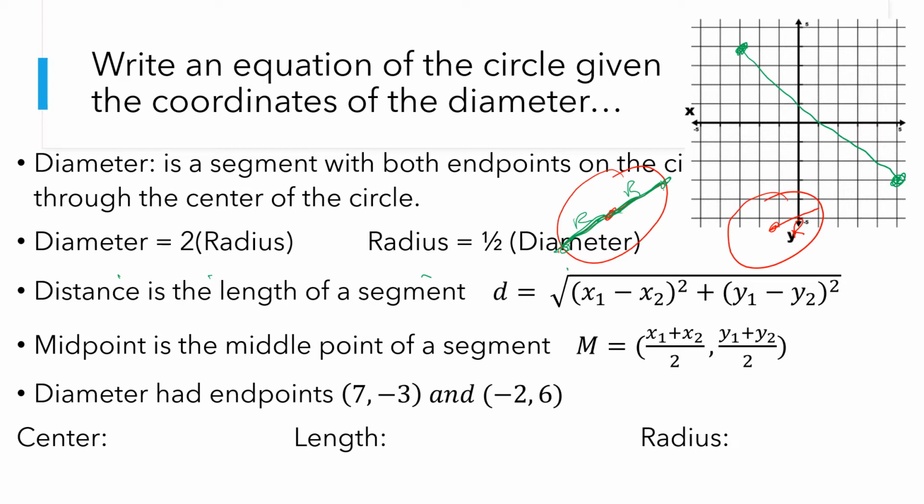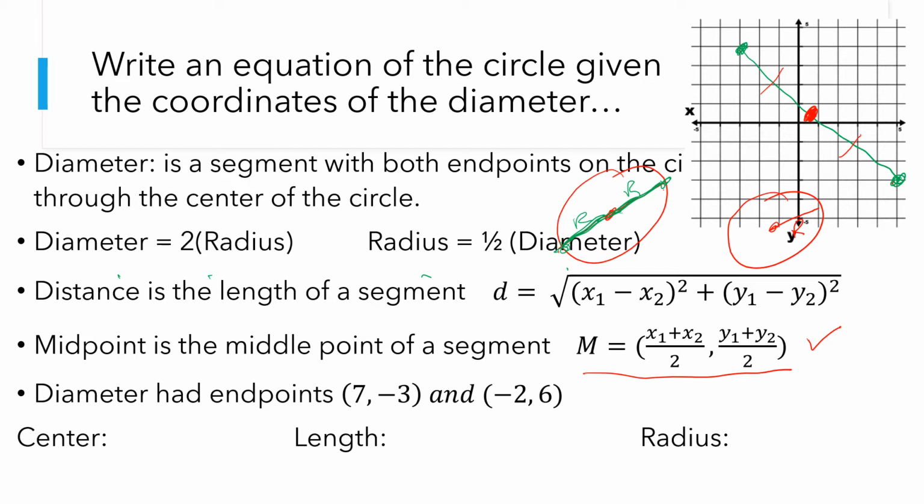What you need to understand is that the center is going to be dead center from that. So it would be the middle of the diameter. Finding the middle of the diameter is the midpoint. So that's the purpose of this formula. You find the midpoint of a diameter, you know the center.